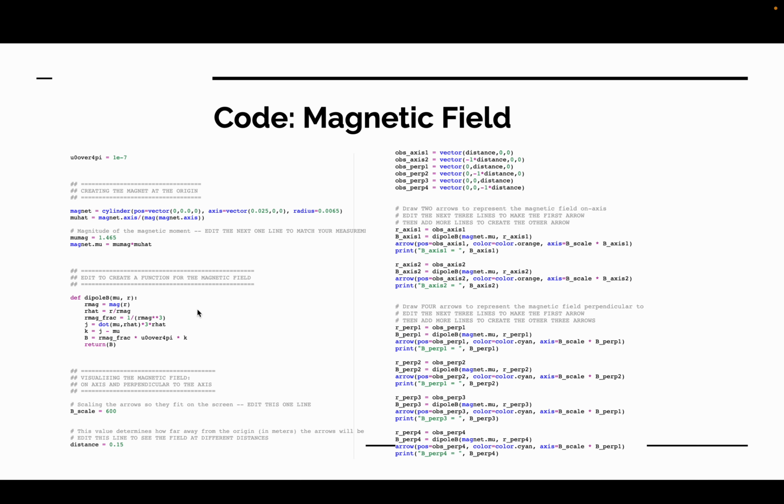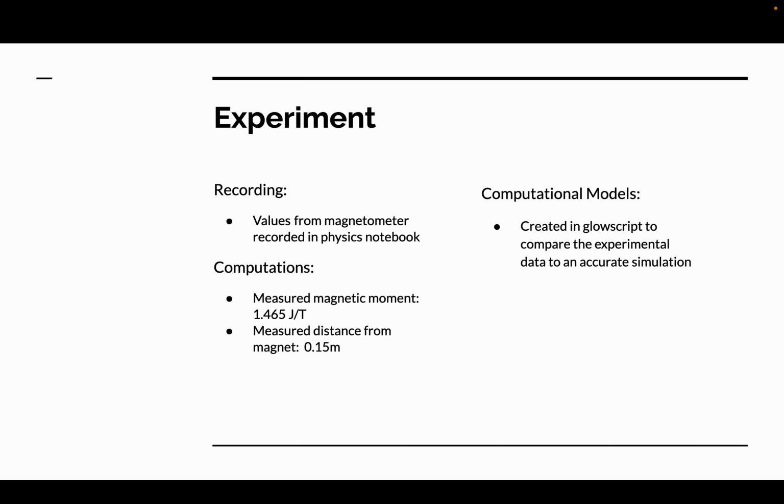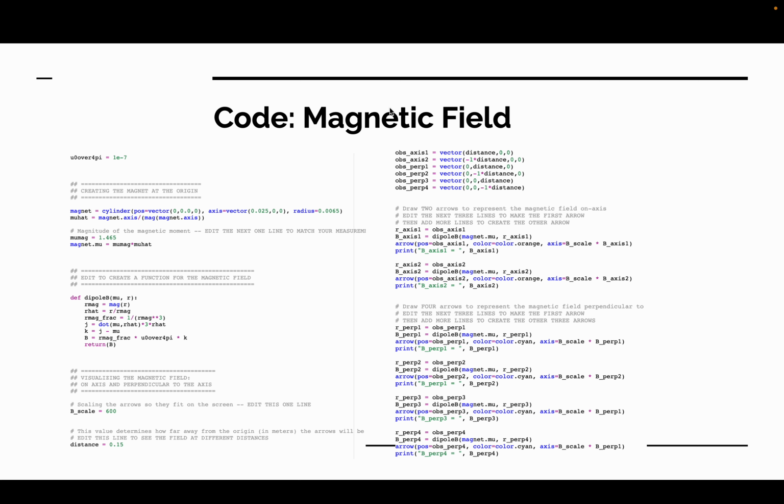And for this function specifically, we utilize the general equation since we aren't only using perpendicular observation points or parallel observation points, we're using any observation point. And over here we have our observation axes. So on axis, of course, in the x and negative x direction, perpendicularly we have positive y, positive z, negative z.